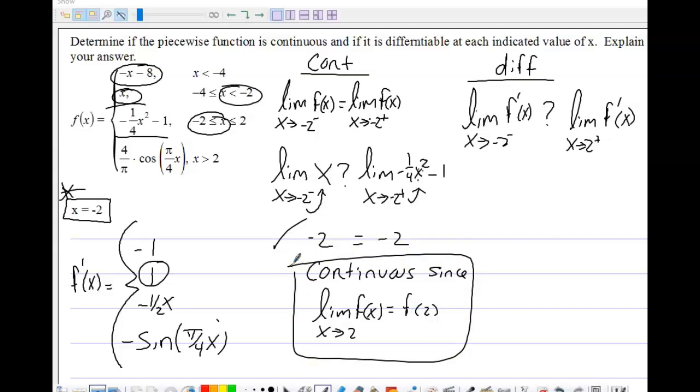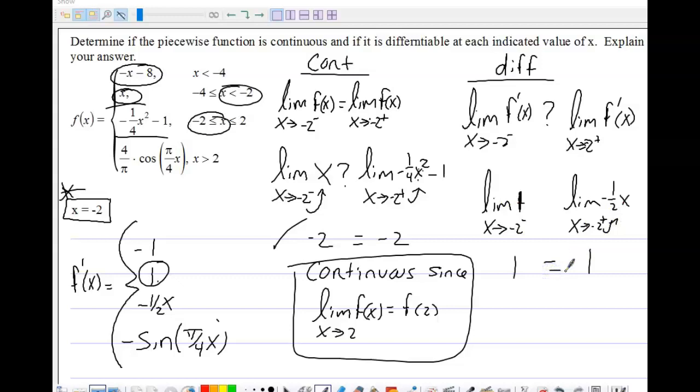Over here, differentiable. I'm approaching negative 2 from the left of the derivative. That would go with this second piece, just like on the last one we did. Positive one. And then if I'm approaching negative 2 from the right, I'm going to use this piece. Direct sub here gives me 1. Direct sub here gives me 1.